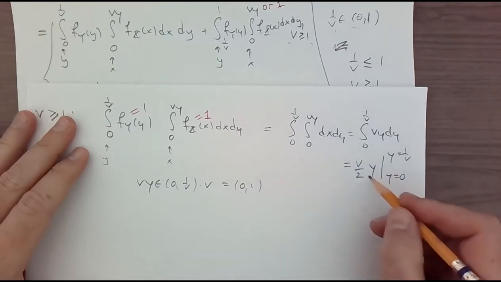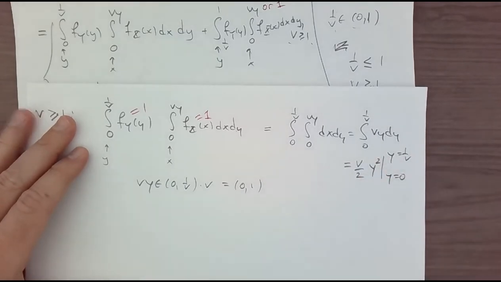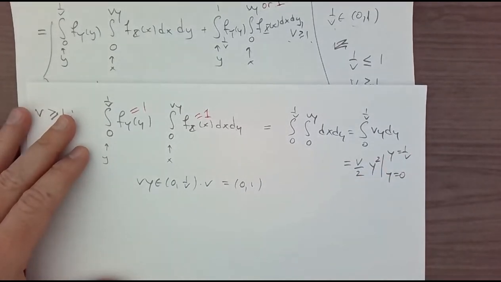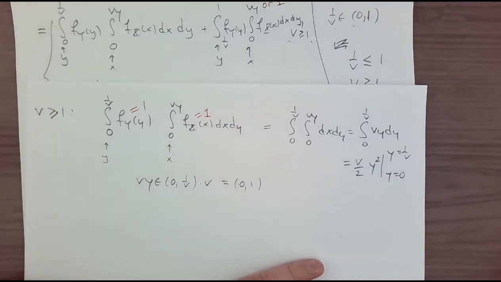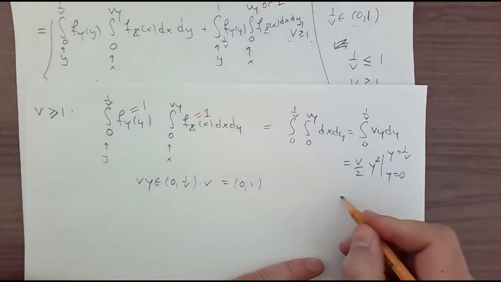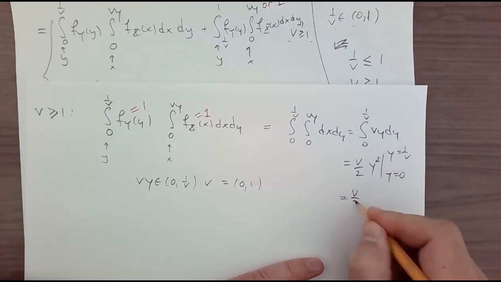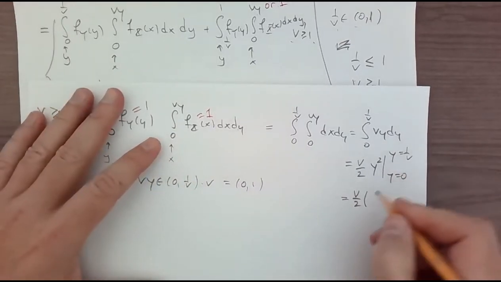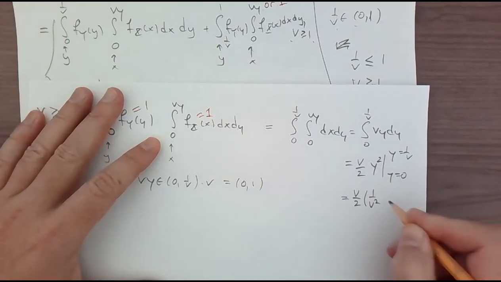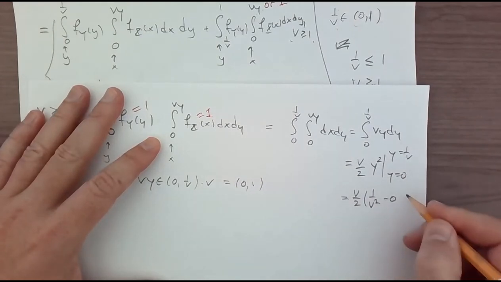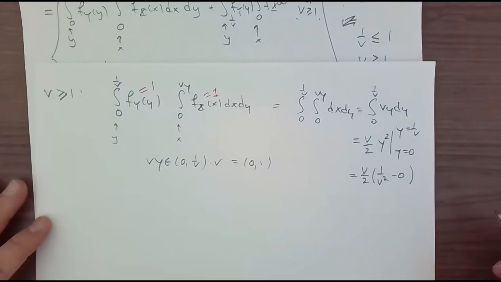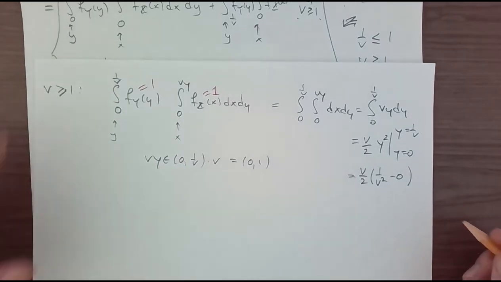It is right, this should be a square there. And so what we get is v divided by 2 times 1 over v squared minus 0. That was one integral.